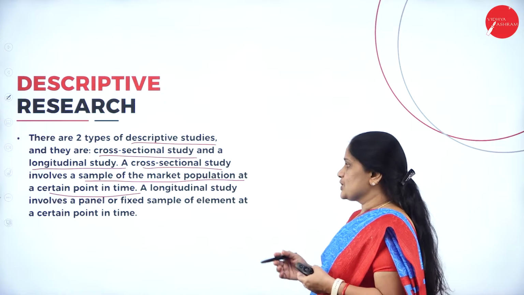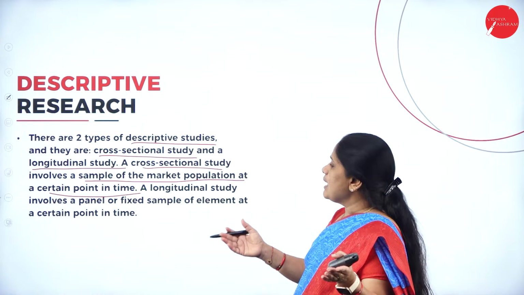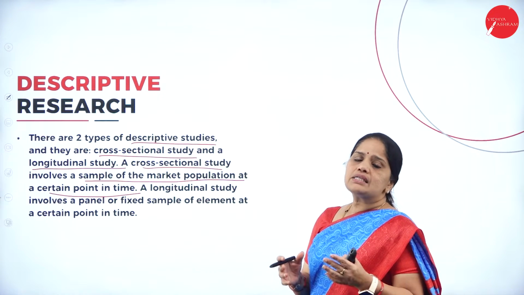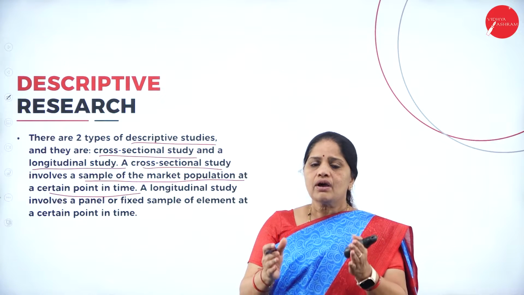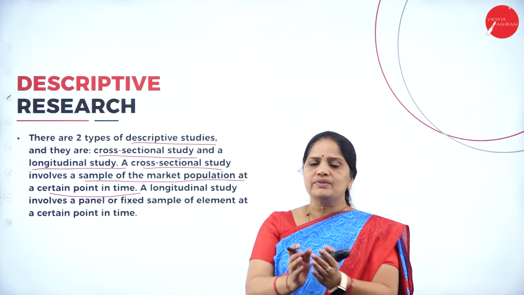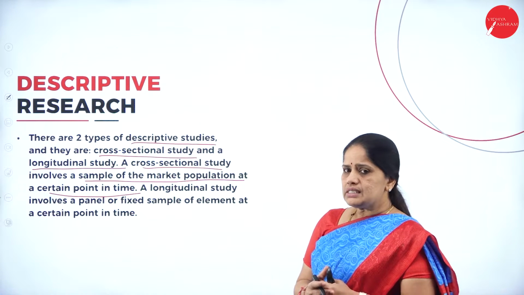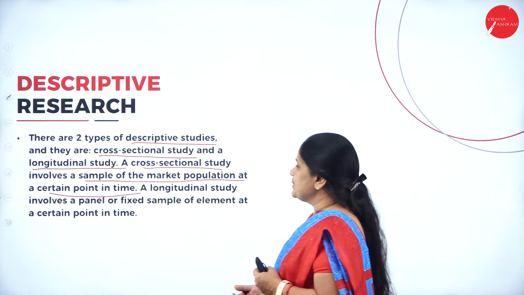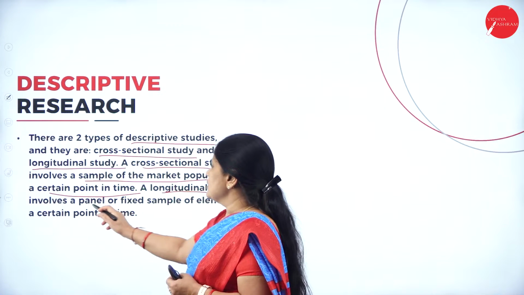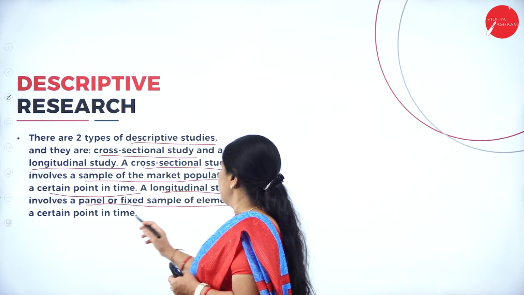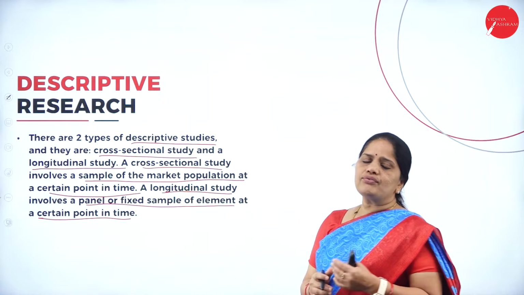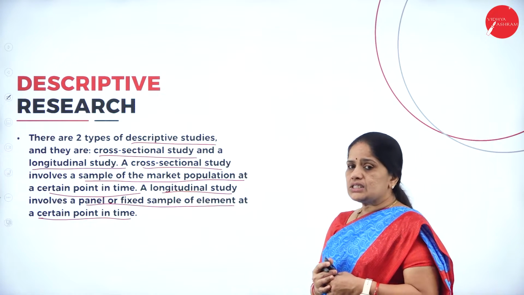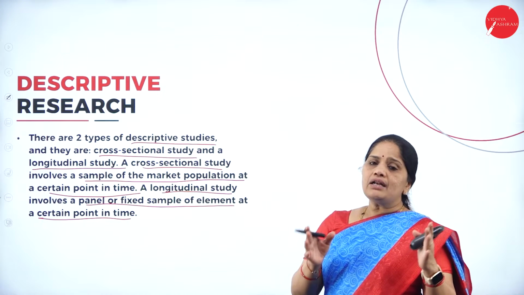So in the cross-sectional study, it involves a sample of the market population at a certain point of time. You just collect the information from a sample group out of the target. So this is a study of the sample. A longitudinal study involves a panel of fixed sample of the element at a certain point of time. Now, if you want to go in for a longitudinal research, then it will be a panel of customers.